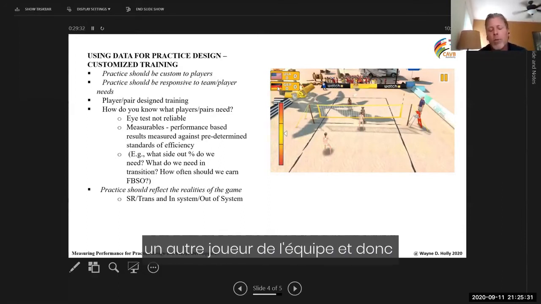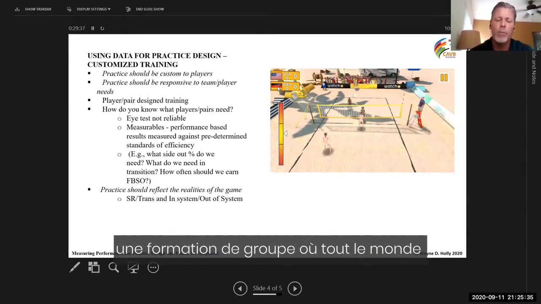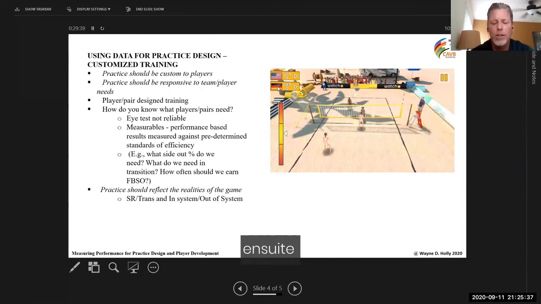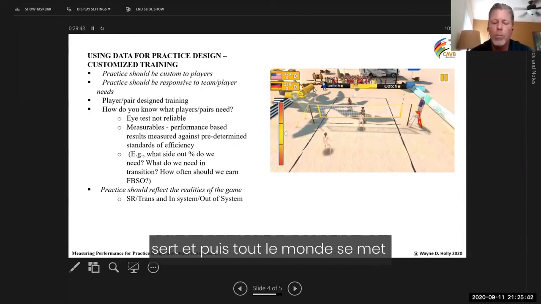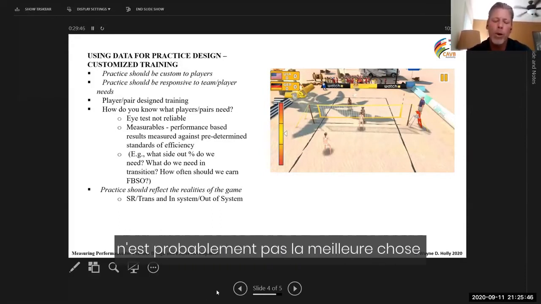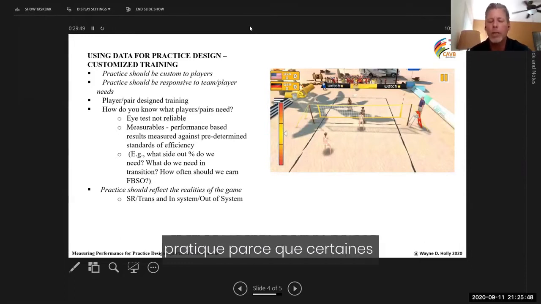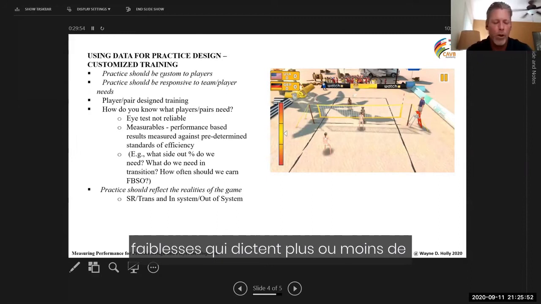So this concept of group training, where everybody passes and then everybody receives and then everybody sets and then everybody serves and then everybody sides out and then everybody goes home, is probably not the best thing for each of those people, because some of them have strengths and weaknesses that dictate more or less training in particular areas.